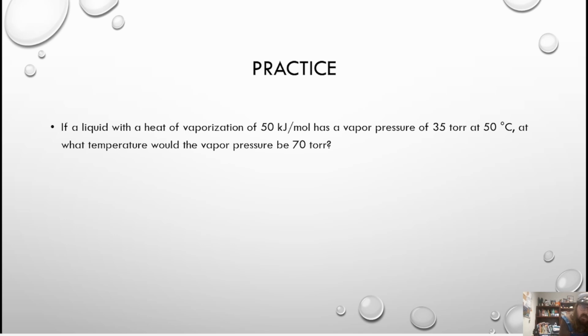So we have a delta H of 50 kilojoules per mole. We have a pressure of 35 at 50 degrees. Well, we have the pressure of 70 torr at what?